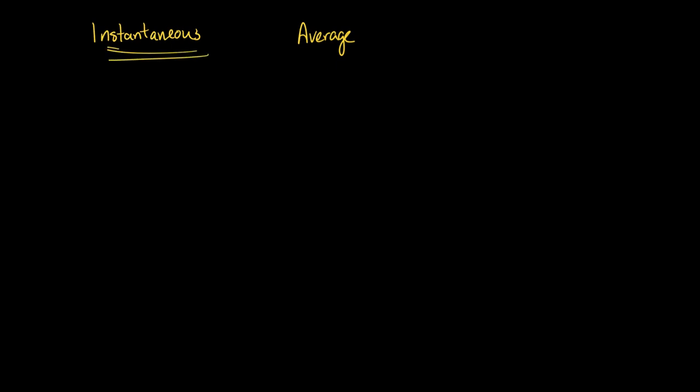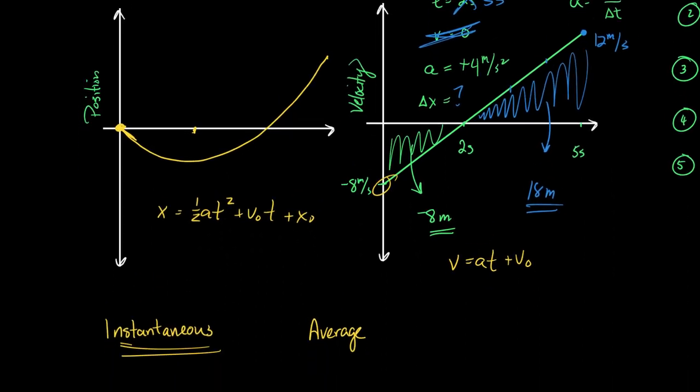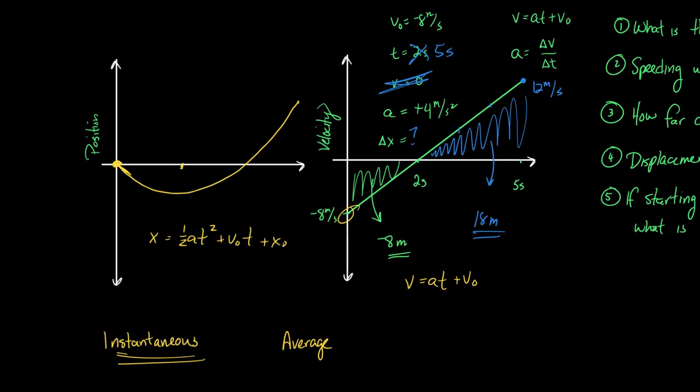Everything we've been doing so far this year has been instantaneous, meaning all of these equations are based on the idea that we're looking at instantaneous moments, meaning I'm looking for the instantaneous position or the instantaneous velocity. I'm giving you the velocity at a specific instance in time. The word instantaneous means at a specific moment or instance in time.